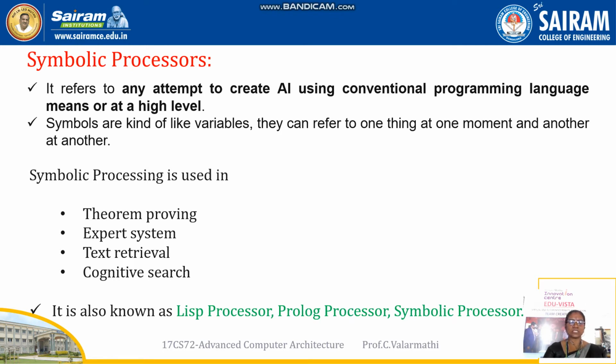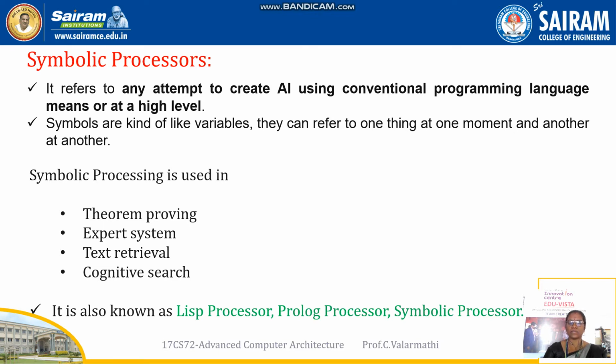So what is meant by a symbolic processor? It refers to creating an AI application using conventional programming languages at a high level. How can we create an AI application?